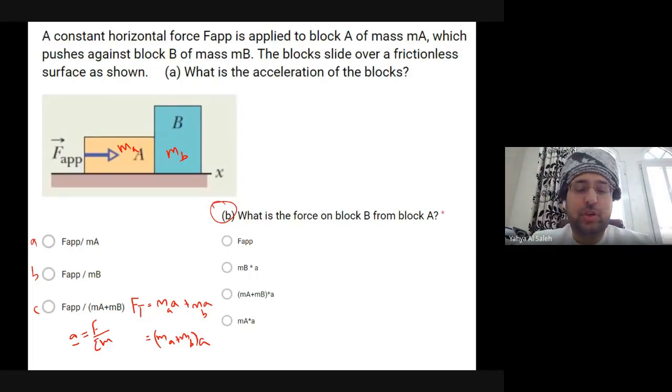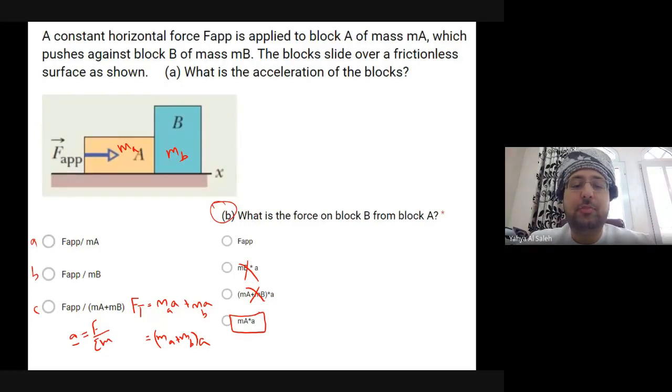Only block A is pushing on block B. So we already know this is not correct because the mass of B wouldn't be involved in any way. Since the mass of B wouldn't be involved in any way, this is also not possible. Now we only have two options. Either it gets the full force, or it gets the mass of A times the acceleration. I would say this is the answer.